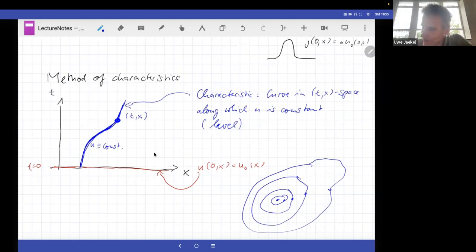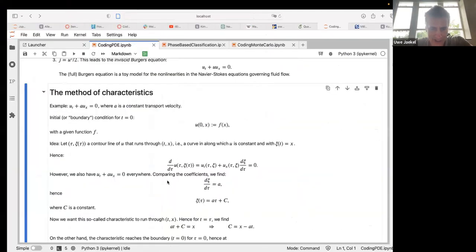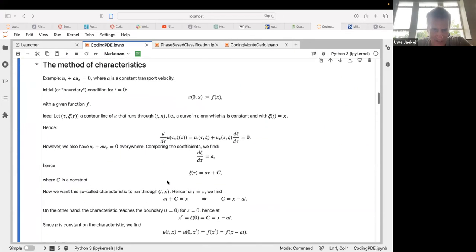Because the function is constant, the value here is equal to the value there. Here we are at a position x tilde, for instance. Let me see how I call it in the slides. x prime. I called it x prime.